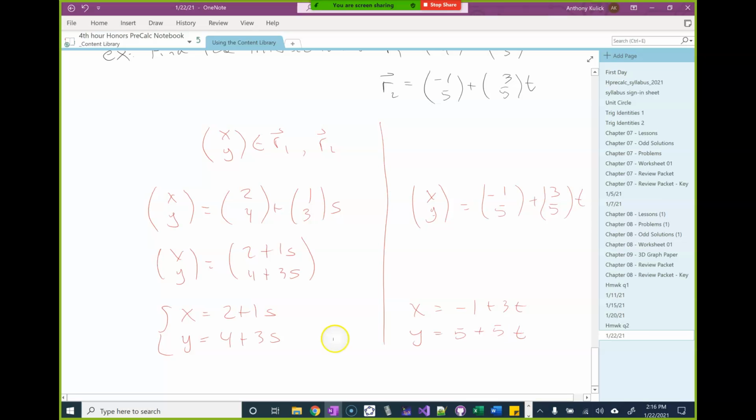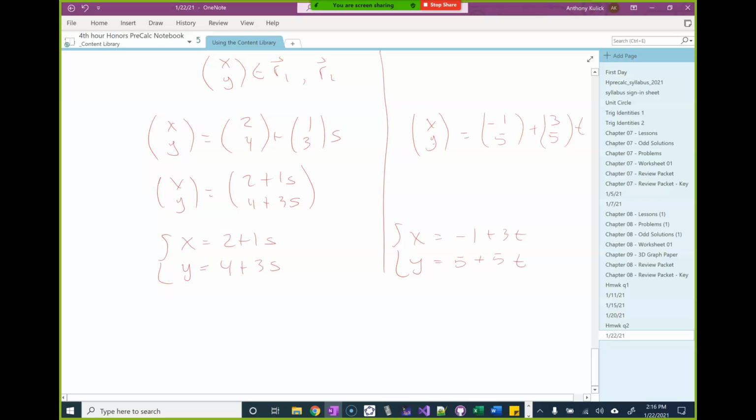And now we can solve these as two systems where we take the parts that are equal to x and the parts that are equal to y together. So you guys see what I did there?